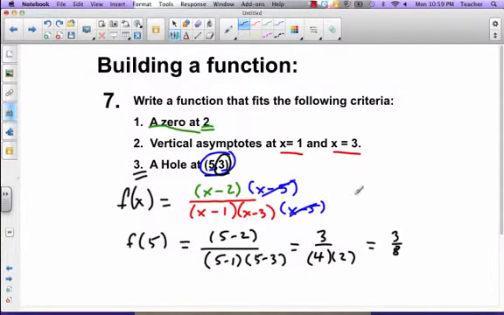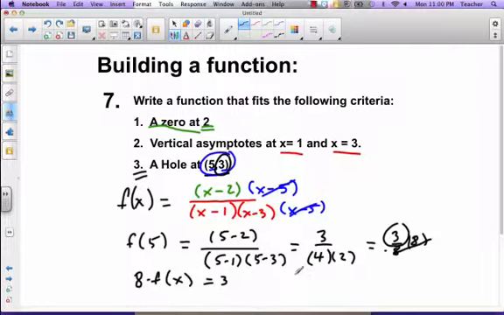So what that means is we'll take this function, f of x, and multiply it by 8. That's the same thing as multiplying 8 by our answer, which will divide out the 8 and leave us with an answer of 3. So 8 times our original f of x gives us 3.